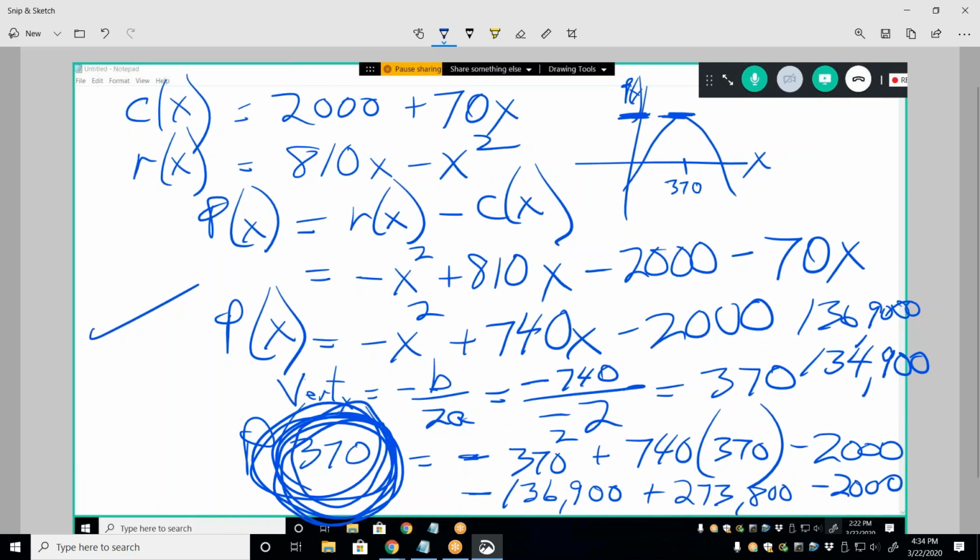If they produce 369, it'll be less profit. If they produce 371, it'll be less profit. I've got to find the sweet spot, and the sweet spot is that vertex. Remember, this is not the y-axis. This is the profit axis.